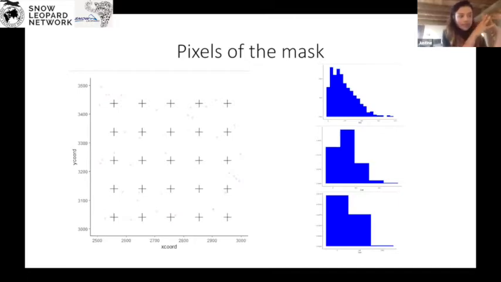Yeah, and the size of this pixel will define the resolution of your mask. If you have very tiny pixels, for example with a diameter of 100 meters, you would have a very fine resolution of your mask, and that would influence the analysis of your SCR estimates.